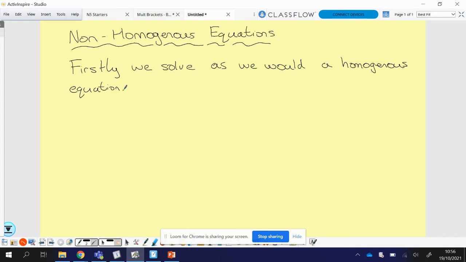So what that will give us, rather than getting a general solution at that point, we get a complementary function.